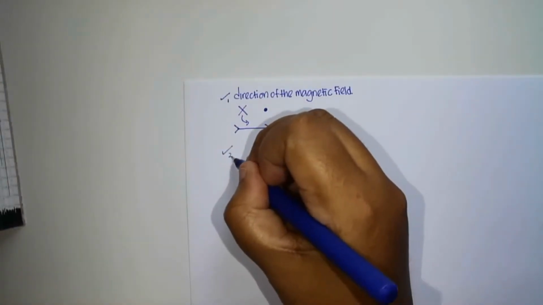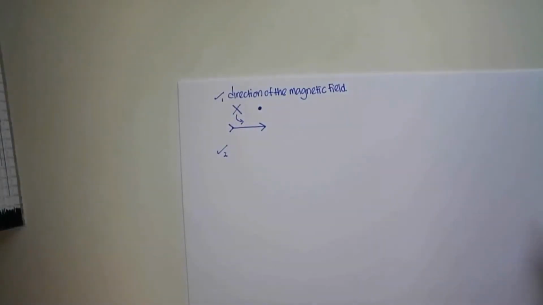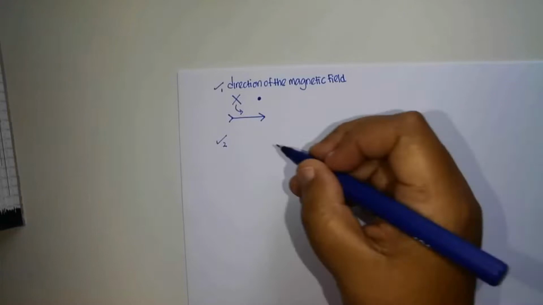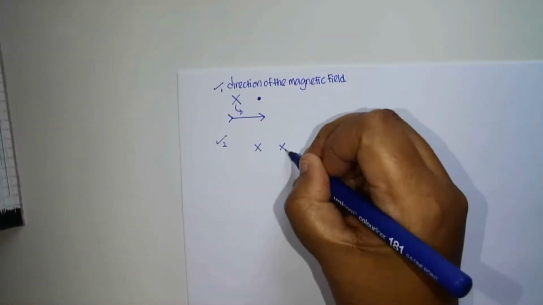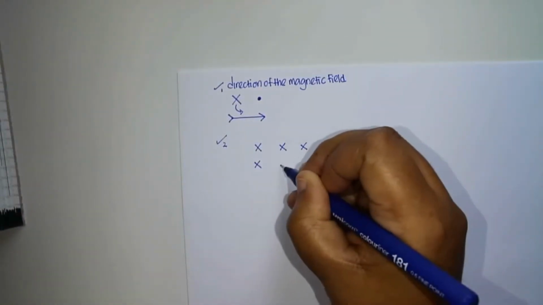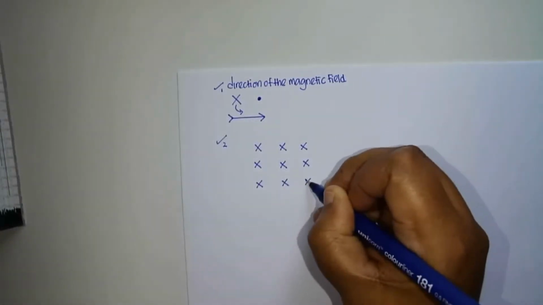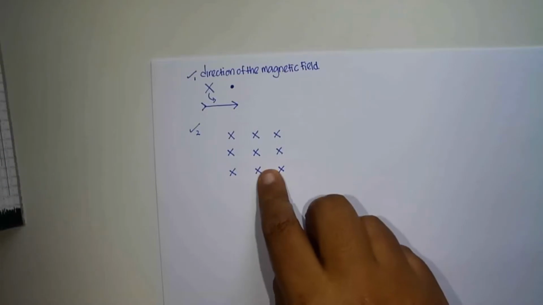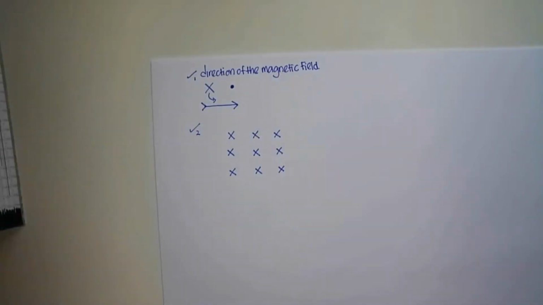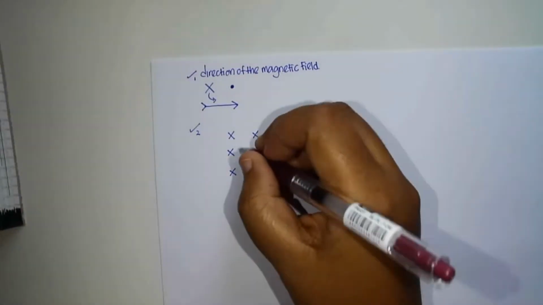Point number 2. When you have a magnetic field where the direction of the magnetic field is into the page, and inside the magnetic field there is a charge, I can put a positive charge.